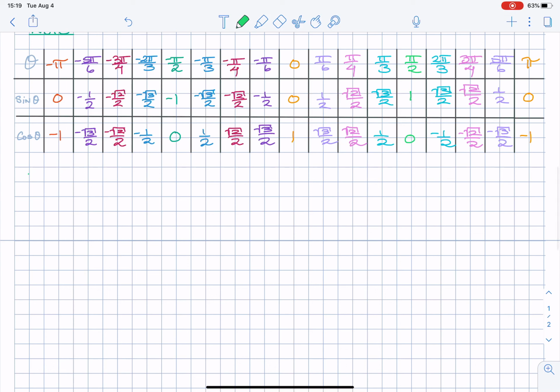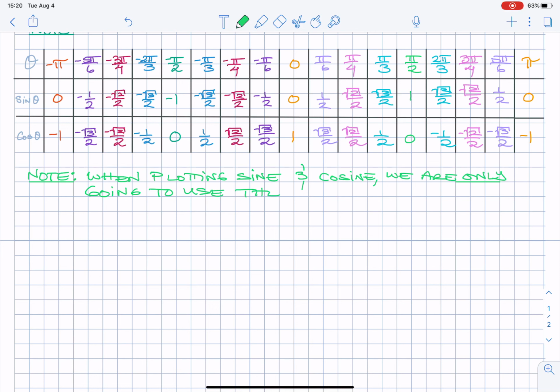So note, when plotting sine and cosine, we are only going to use the quadrantal values.